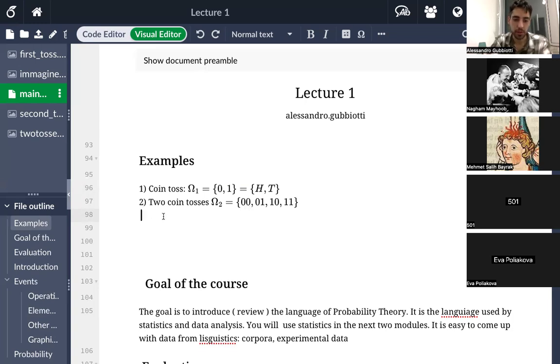So, for instance, if we want to write the event the first coin gave heads, this would be the following event: 0, 0, and 0, 1, because we fixed the first digit to be 0.